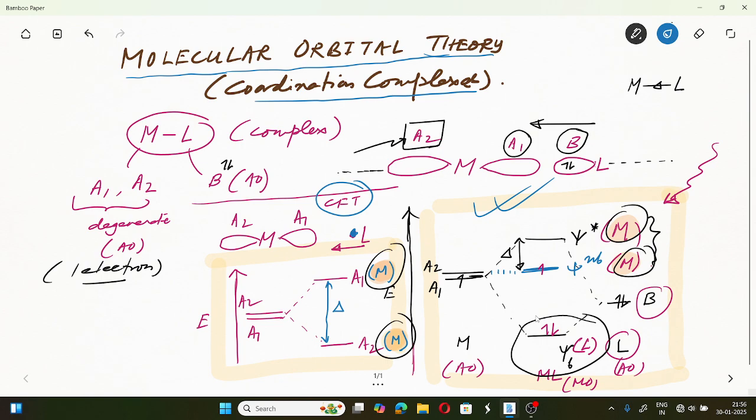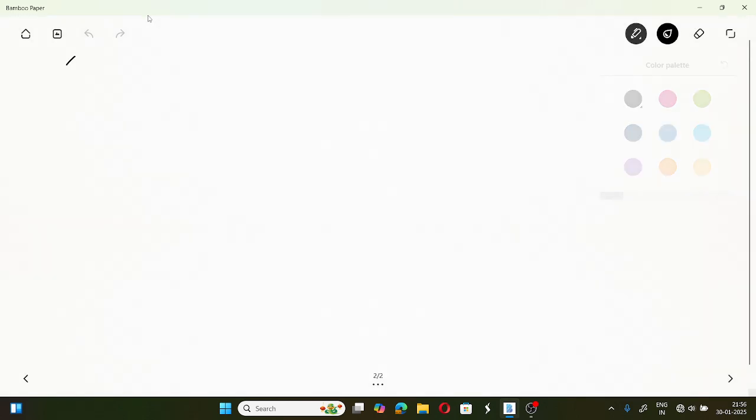So with this basic idea, let us now move forward to construct the molecular orbitals for octahedral complexes.